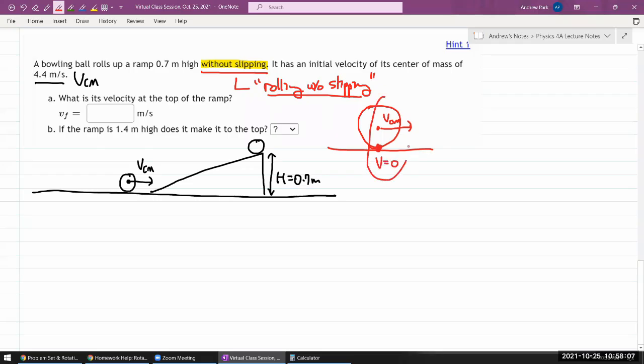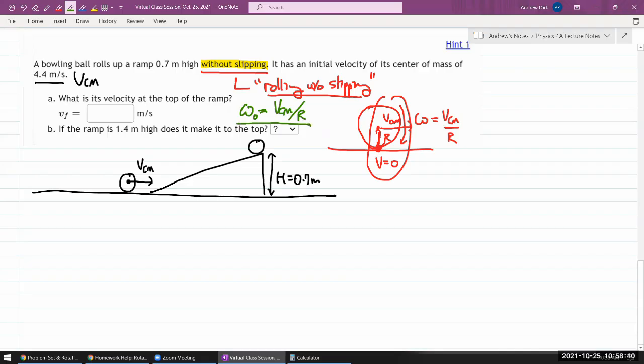And under these conditions, what has to be true is that the angular velocity of this round object has to be equal to the speed of the center of mass divided by this distance here, which here would be the radius r. So when the question says it's rolling without slipping, it's telling you, use this relationship. The initial angular velocity of the ball is equal to its velocity of center of mass divided by r.